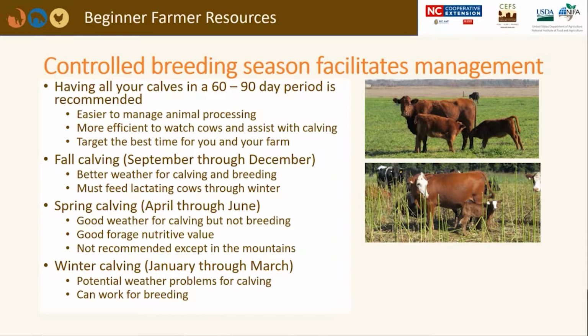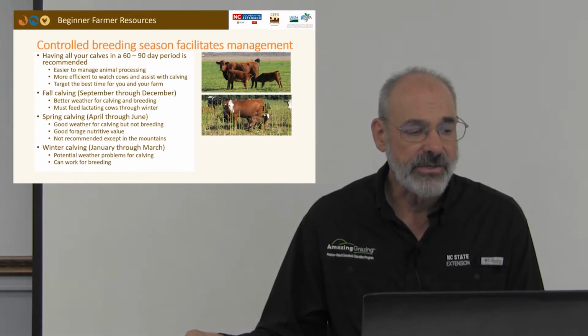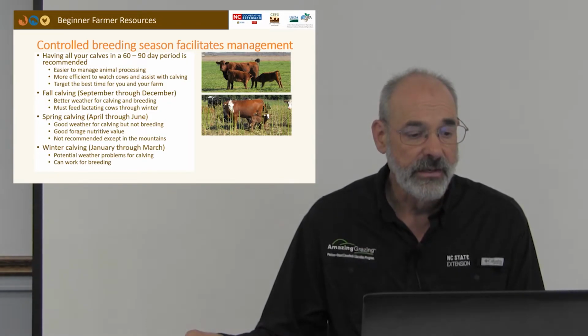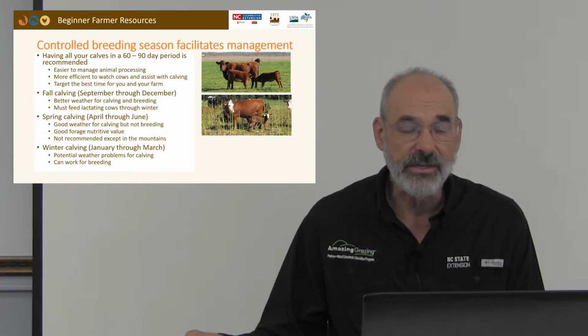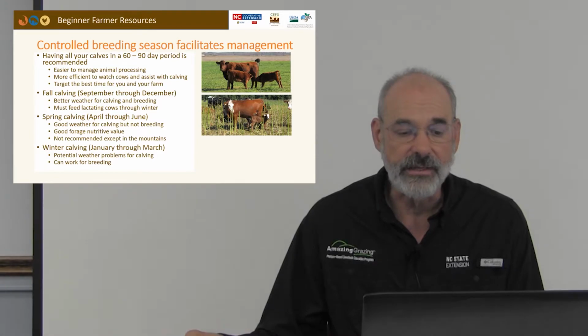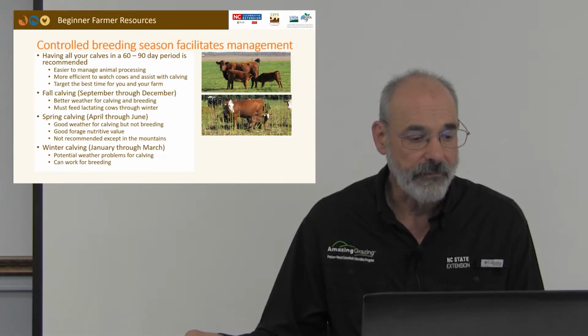The first important concept is that we need to have a controlled breeding season for the cow herd. This allows us to more easily manage the calves at processing, to more efficiently watch our cows and assist them when they're calving, and it also allows us to target the best time of year for those calves to be born on our farm.